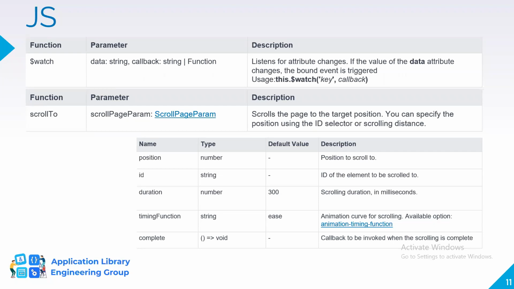Like the exact position you wish to scroll to can be provided, or the ID of any particular element to which the scroll has to happen, or how much duration the scroll has to take, and in the animations how much time this has to take. Like that, different ways are provided by the framework. And this is a callback, the last one, wherein once the scroll completes, if you want to do some operation, you can use this callback.